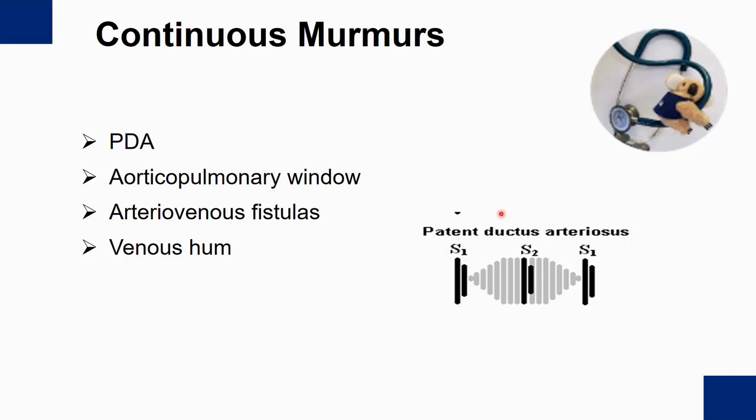Throughout the systole, S1 to S2 is systole, S2 to S1 is diastole, if you see in the picture. So throughout the systole and diastole you can hear the murmur. This is a continuous murmur. You hear this murmur in conditions like PDA, aortopulmonary window, arteriovenous fistula and venous hum.